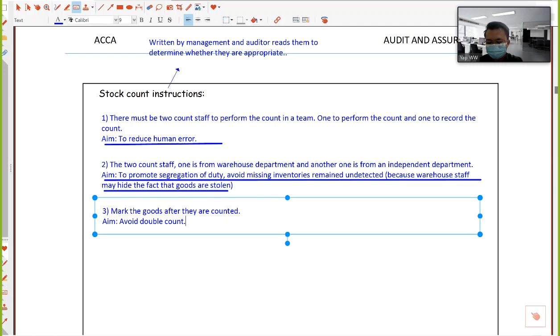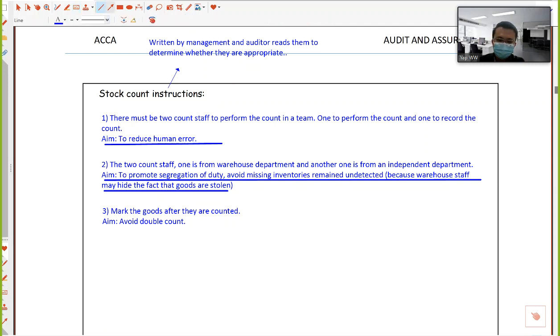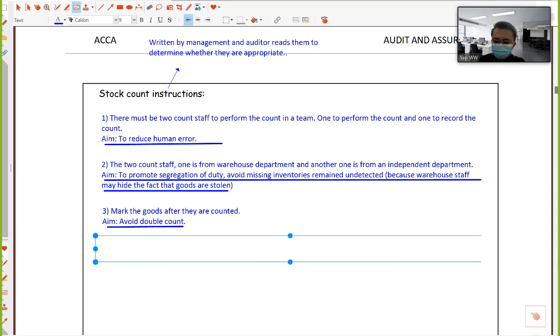This is to improve the efficiency. Avoid inventory being counted twice, so reduce the chance to overstate the inventory balance. This is the logic. After you have performed the count, you put a sticker, put a mark.